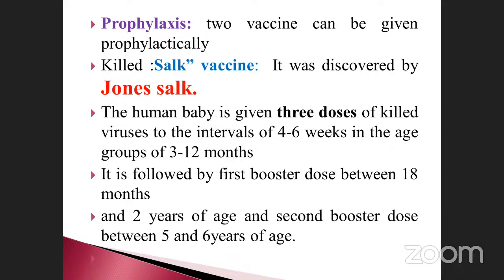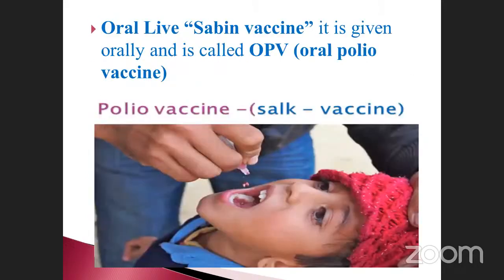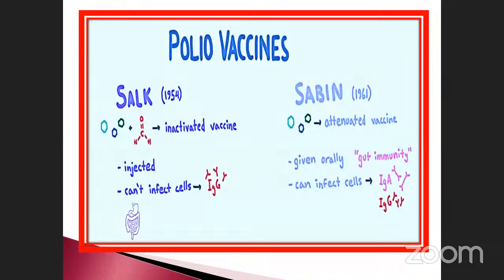That's why it is called the Salk vaccine. How many doses? 3 doses. How many weeks? 4 to 6 weeks, 18 months, and 5 to 6 years. Oral live Sabin vaccine, oral polio vaccine, is another one. So this is the structure, who discovered, when discovered, like that.